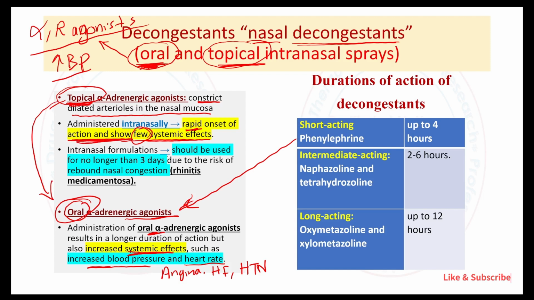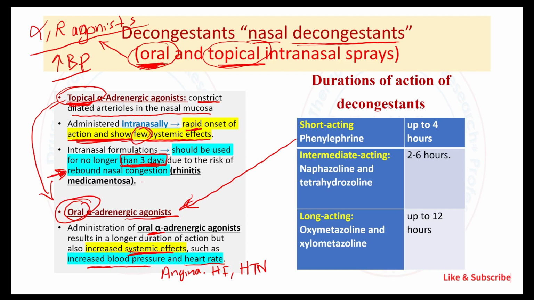Intranasal formulation should be used no longer than 3 days. Okay, so this is important issue here, because we are going to see some case called increased risk of rebound nasal congestion, because if the patient uses this medication more than 3 days, that means the patient will start to depend on this medication, unable to breathe easily if you don't use this medication, and we call this one rebound nasal congestion.